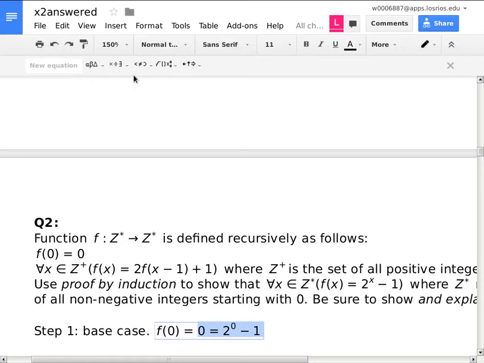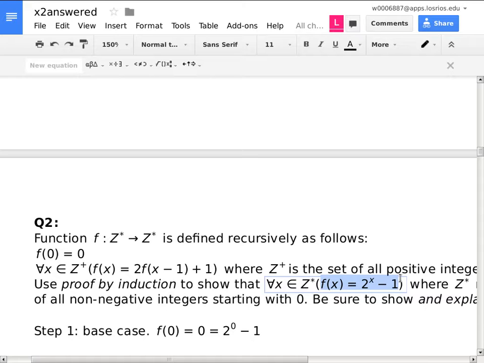So I established the equality on the right-hand side, which is what I'm highlighting on the projector right now. And the other part is by definition. So this part I don't have to prove because by definition f of 0 is 0. So in the end, I can now establish the equality between f of 0 and what I claim to be true for all the elements from the domain, which is f of x equals 2 to the power of x minus 1.